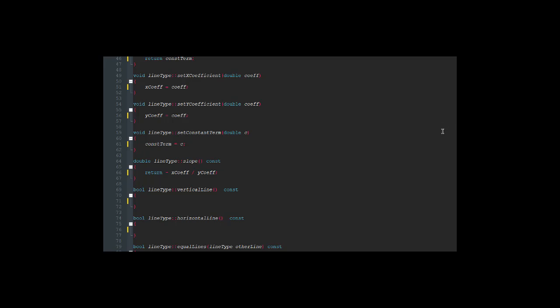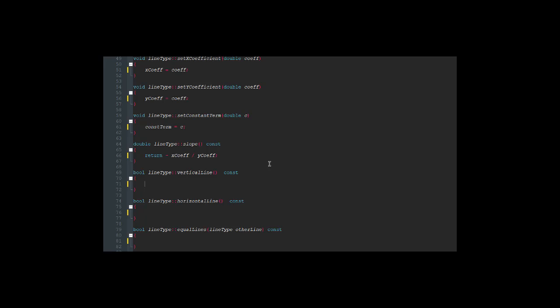Okay, so now after that, we need to go over the vertical line. So basically, this determines whether a function is a vertical line, okay? So basically, if the y coefficient is equal to 0, then it will, of course, be a vertical line.